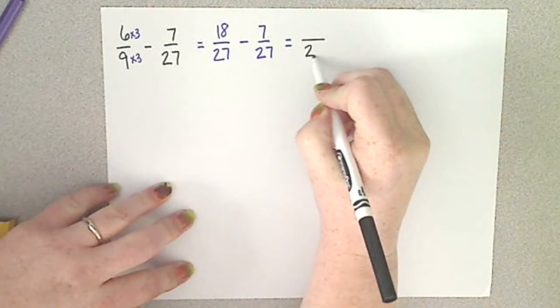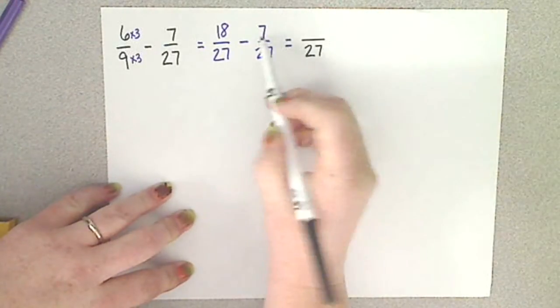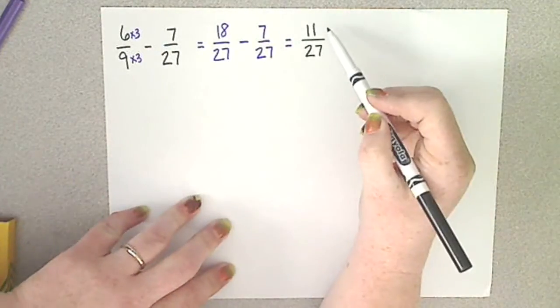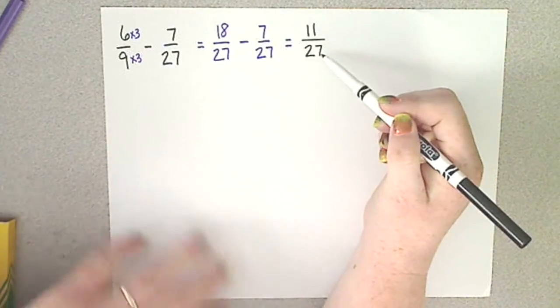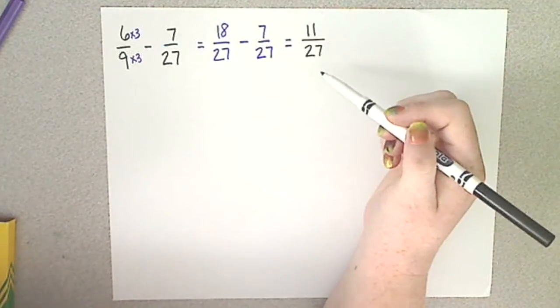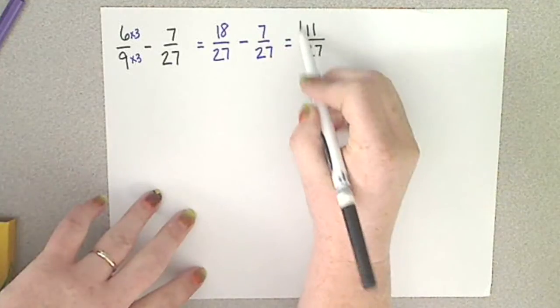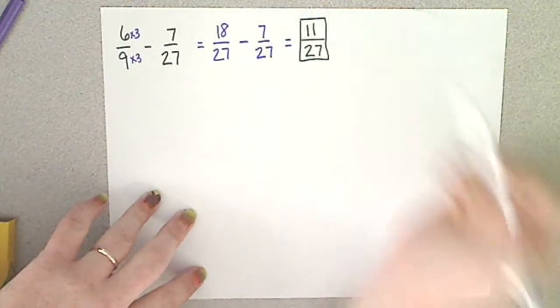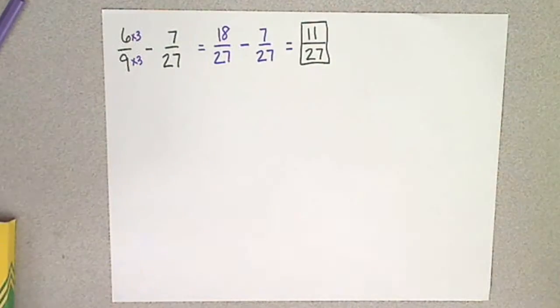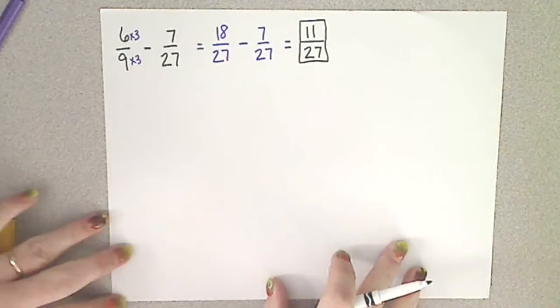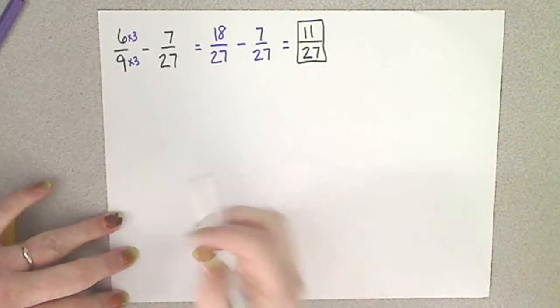My denominator stays the same. 18 minus 7 is 11. And I know that I cannot divide 11 or 27 by the same number and get a logical whole number. So that means that I am done. Easy, easy peasy.